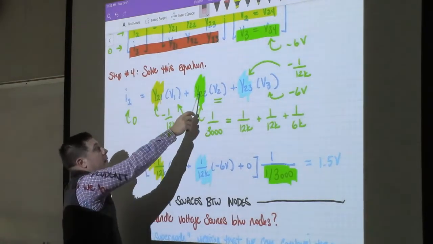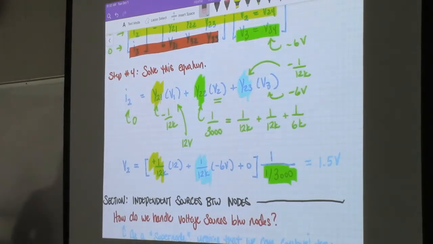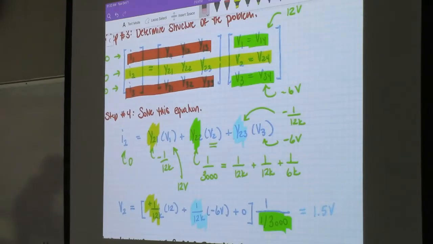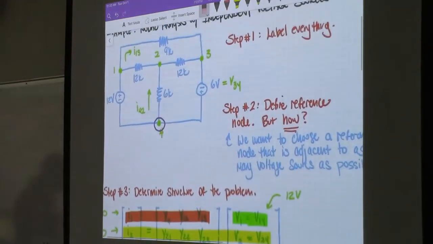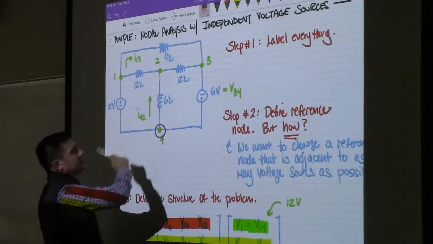The diagonal element, Y22, is going to be the sum of 1 over all of the adjacent resistances. So what are those values? Adjacent to node number 2 is the 12, the other 12, and the 6.